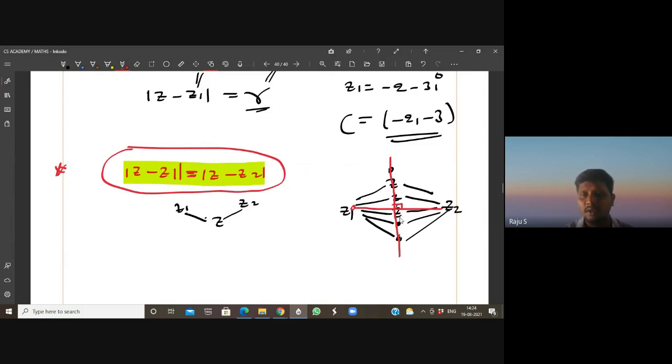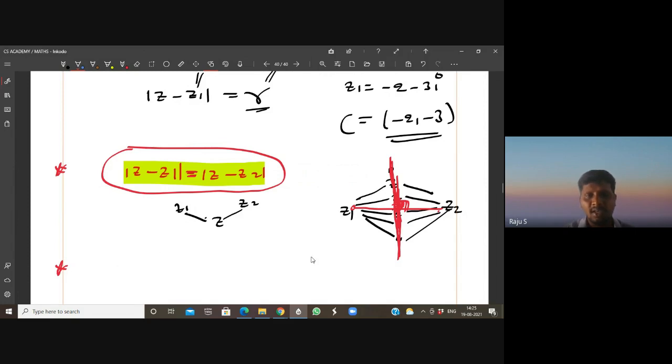When we find all the possible points, we can find the locus. This locus gives a line equation which is the perpendicular bisector of the line joining z1 and z2. It is perpendicular and bisector exactly. It passes through the midpoint of the line segment joining z1 and z2. So few points are there. This is about that. Next one.